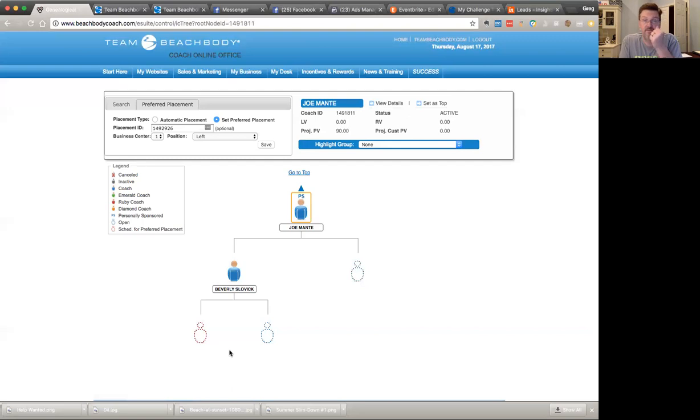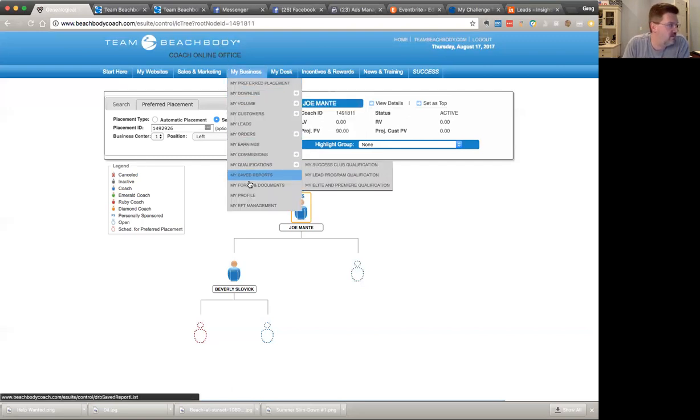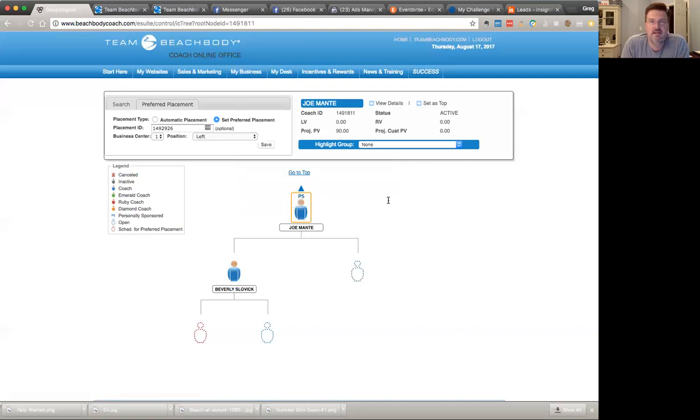There's a form that you can fill out in the back office. If you go to My Business Forms and Documents, you will see a form that you can fill out to control your spouse, so that you can call Coach Relations on their behalf. We'll explain more about ways to utilize your spouse. You can put customers under your spouse.